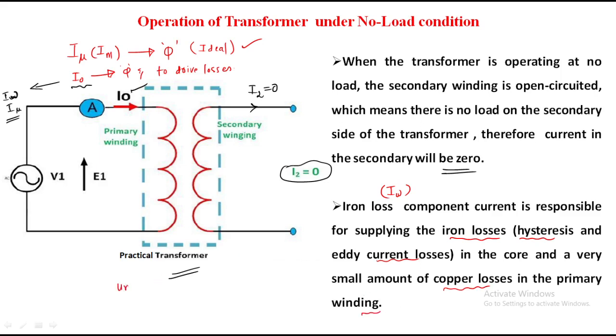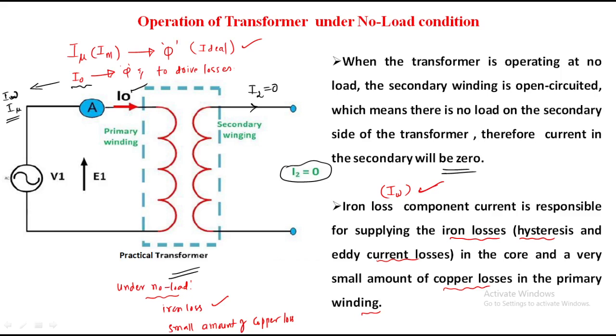Under no load, iron loss component is more, small amount of copper loss. This current is responsible to provide iron losses.